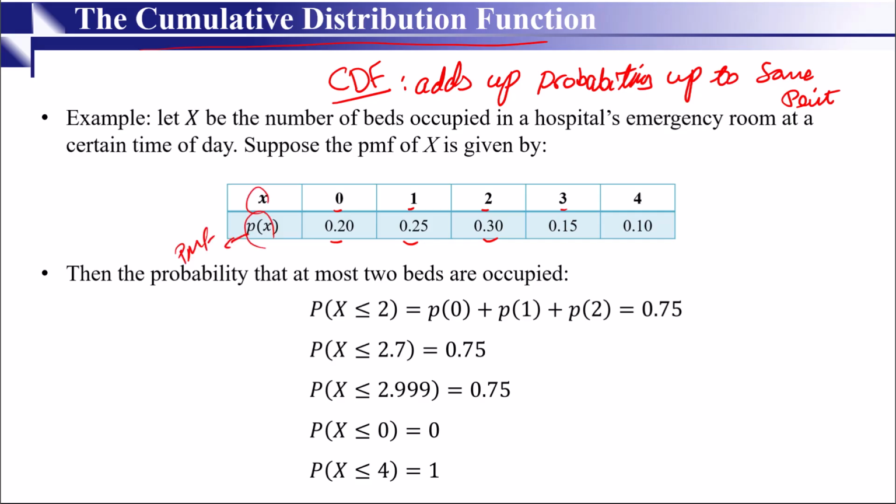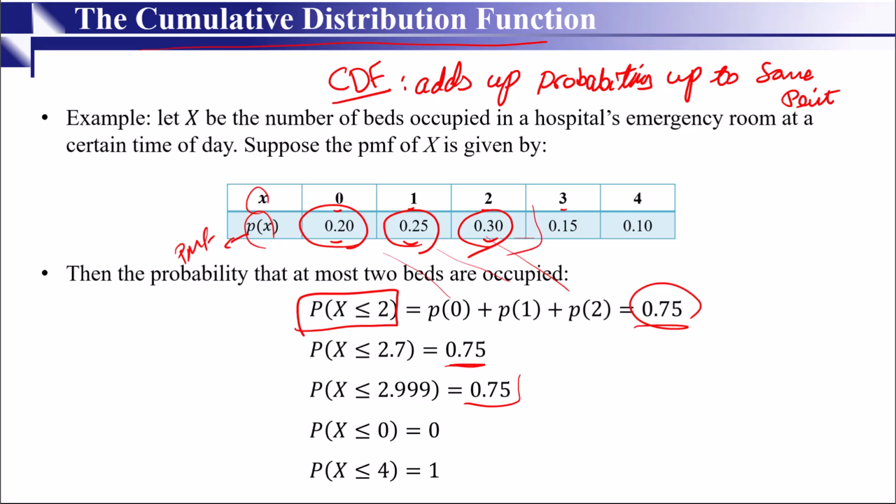Here we say x less than or equal to 2. We have to sum up these 3, and we get 0.75. Similarly, for x less than 2.7, it is the same, because it is still up to here. For x less than 2.99, also the same.